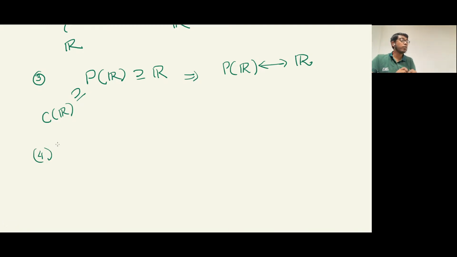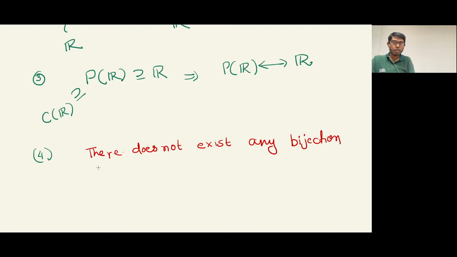It says the set of all functions. So we know, by Cantor's theorem, that there does not exist any bijection from a set to its power set.